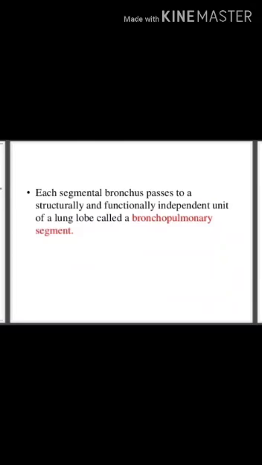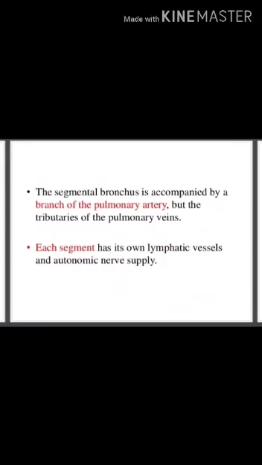Each segmental bronchus passes to a structurally and functionally independent unit of lung lobe called a bronchopulmonary segment. The segmental bronchus is accompanied by a branch of the pulmonary artery, but the tributaries of the pulmonary veins lie between segments. Each segment has its own lymphatic vessels and autonomic nerve supply.